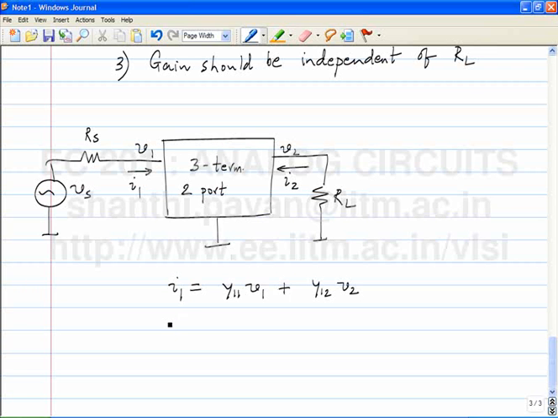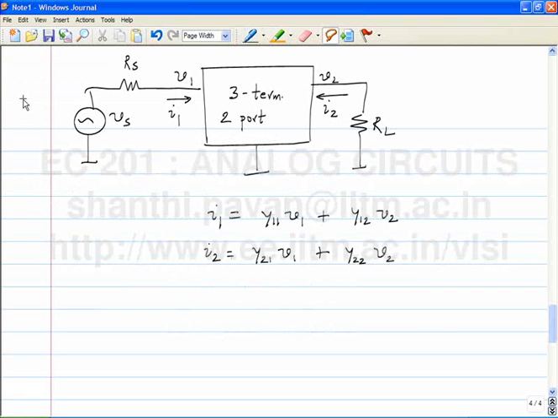Similarly, I2 must be equal to Y21 V1 plus Y22 V2. Alright. So can you think of a network which will implement these equations? In other words, how will I replace the 2-port with a bunch of sources and impedances so that it implements these equations?